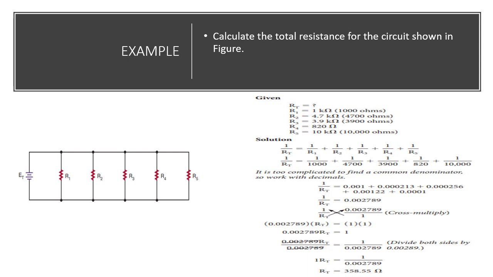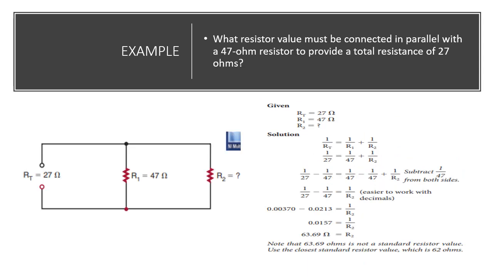So, we just divide all values on the right-hand side of the equation and add all of the values. This gives us 1 over RT equals 0.002789. By cross multiplying, we then get RT equals 358.55 ohms.